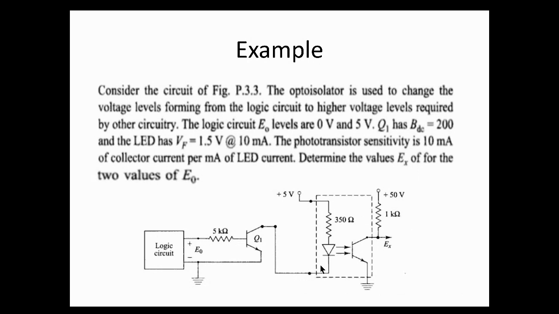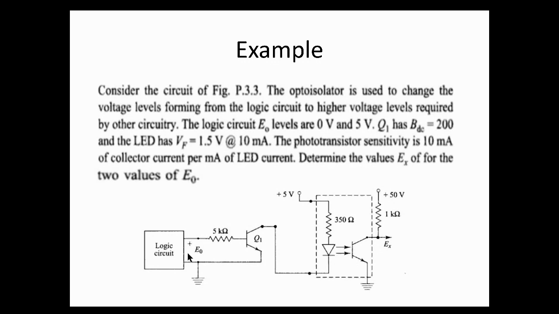Then we have this connected to an opto isolator shown here. Your task is to find out what is the value of EX, what is this output, right? So that is what you are being asked.